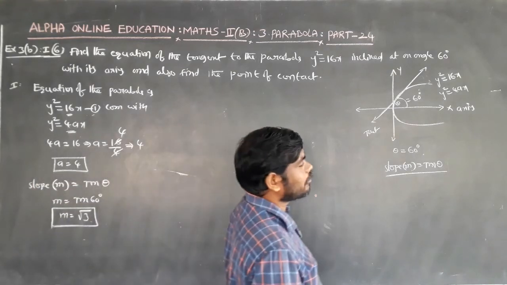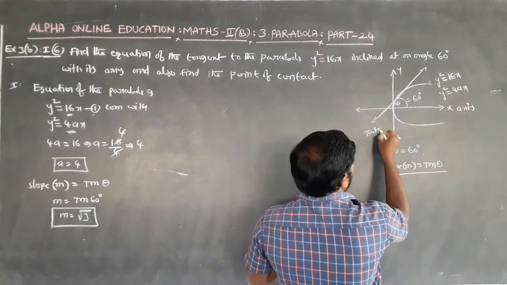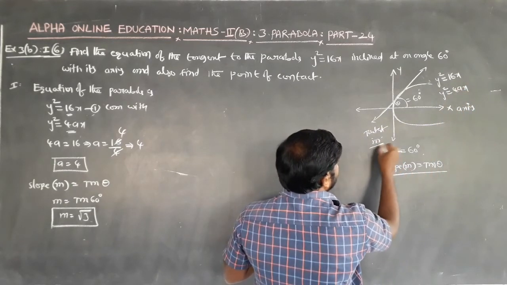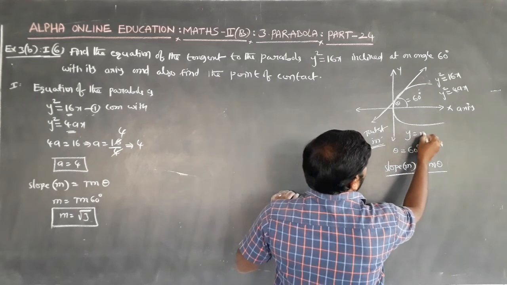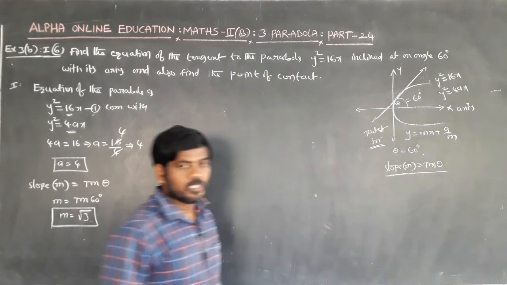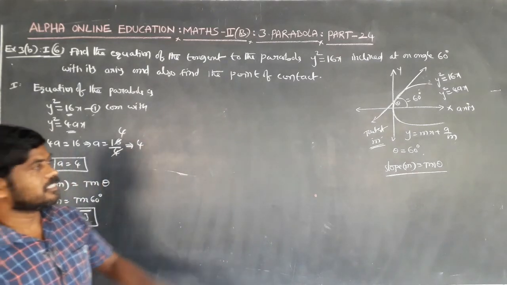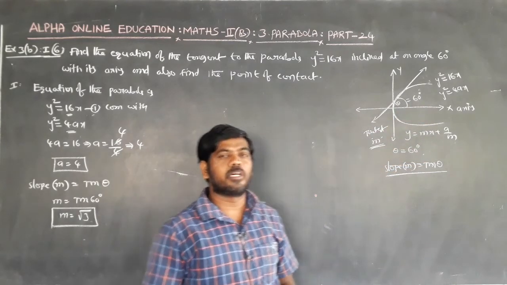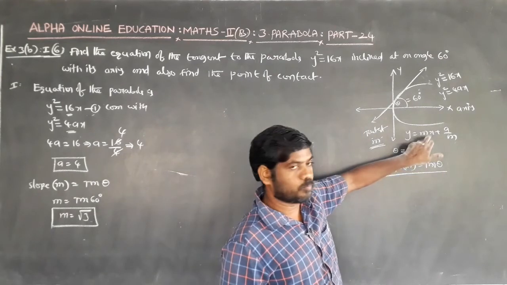By using the formula, the equation of the tangent to the parabola y square is equal to 4ax, having slope m, is y is equal to mx plus a by m. This is the equation of the tangent to the parabola y square is equal to 4ax when given the slope of the line.